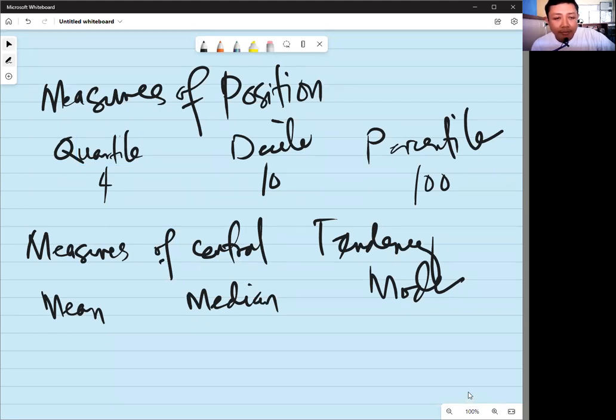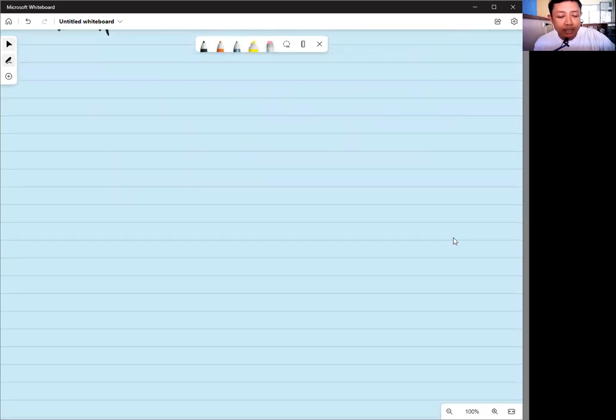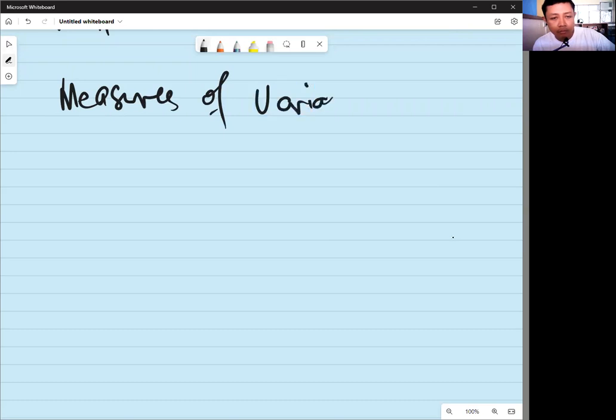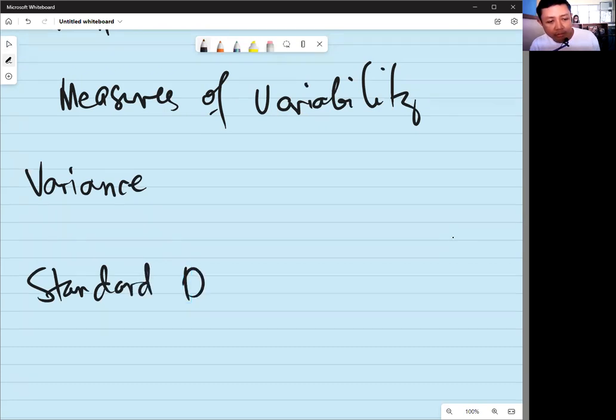And now for the measures of variability, we will be learning something about the variance and the standard deviation.